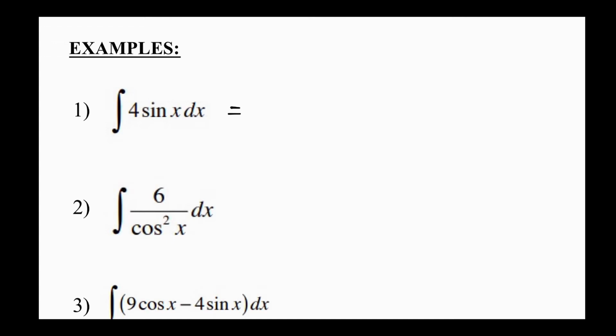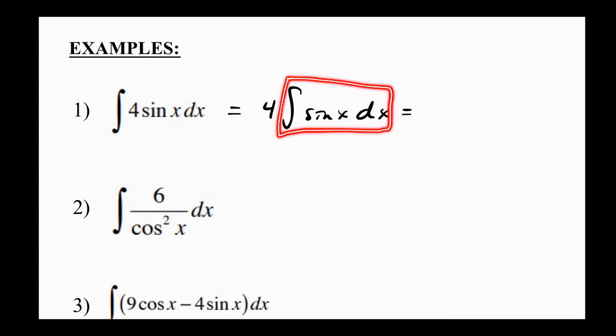It's 4 times sine x. So how do I find the antiderivative of that? A couple things you can do. You can move 4 to the front to get rid of it. And then this part here, I just look up from the ones I just did.